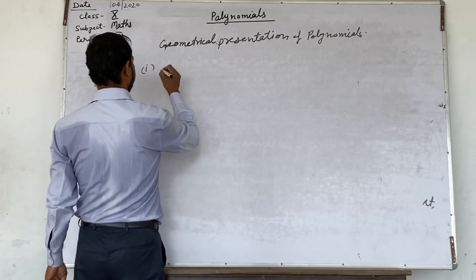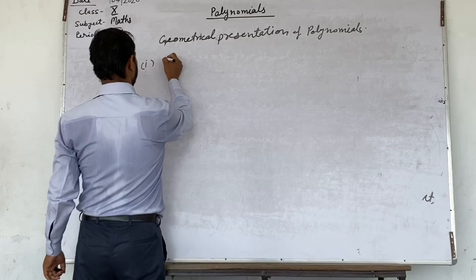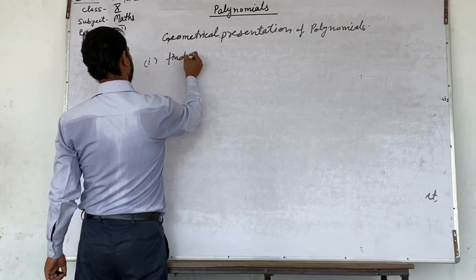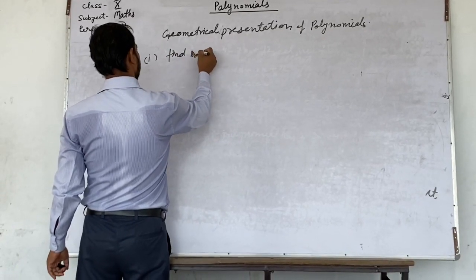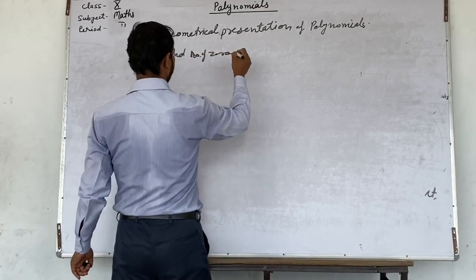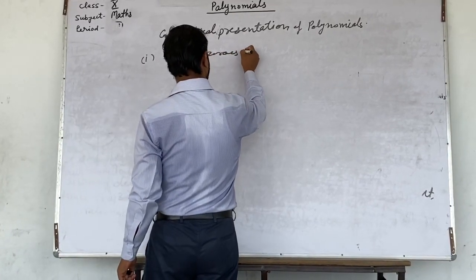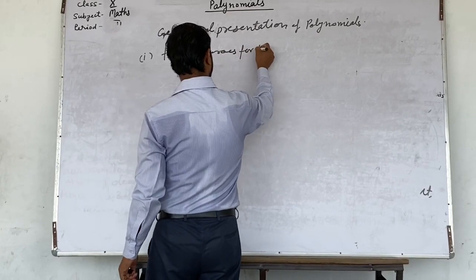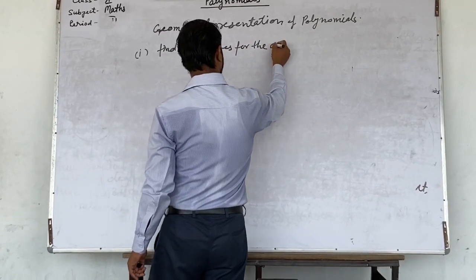One, find the number of zeros for the graph.